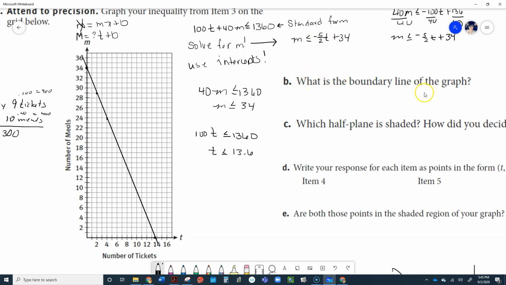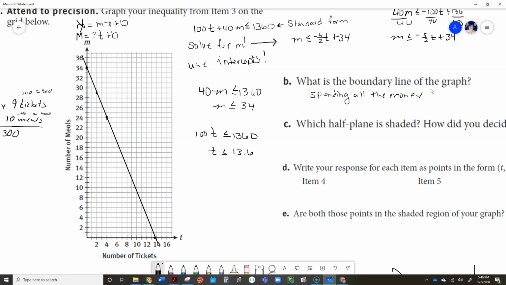It says, what is the boundary line of the graph? So I think they want me to say, what does this boundary line right here and all the points on it represent? That represents spending all the money. So this point right here, what was that?